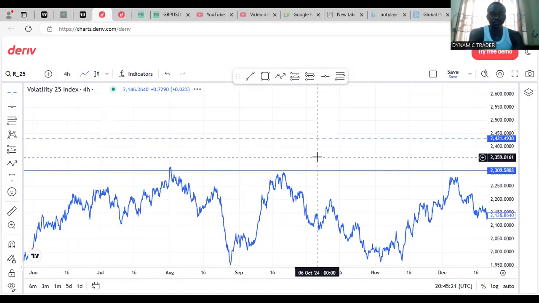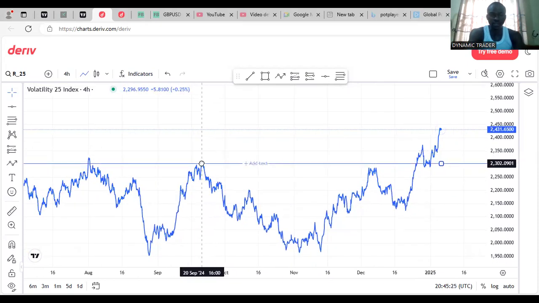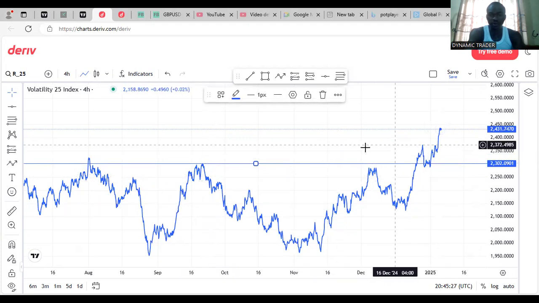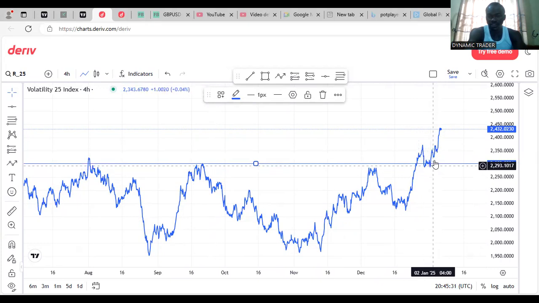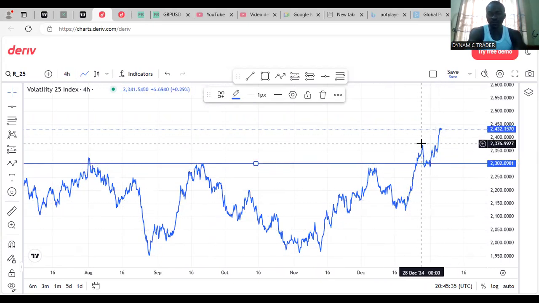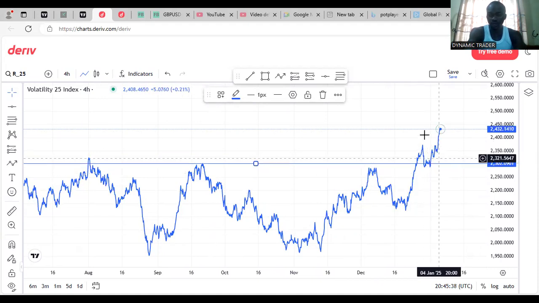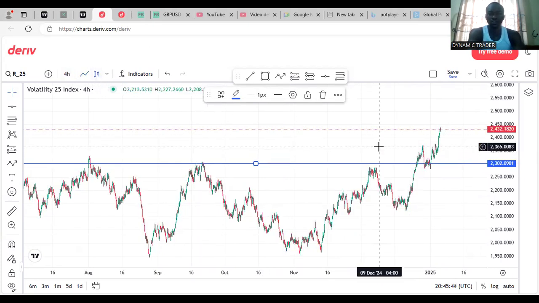On the line chart, we've seen that the price broke above this particular resistance, made a retest, and went to the upside. It retested and is bullish based on what the 4 hours is giving us. So let me turn it back to the candle chart.